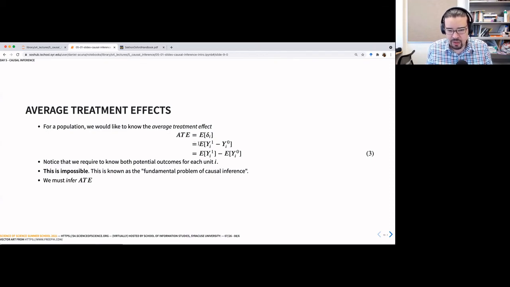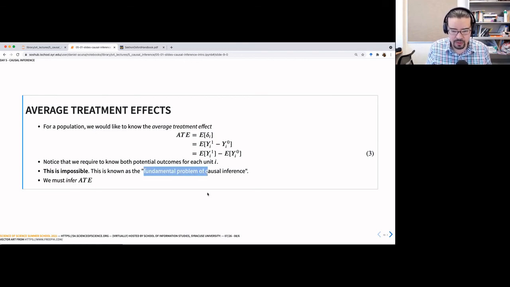If you have an expectation of a subtraction, you can separate the two. So you can take the expectations separately, but they are the same units. But you cannot do this because you don't observe the state of the world for the person. So this is impossible, and this is sometimes called the fundamental problem of causal inference.